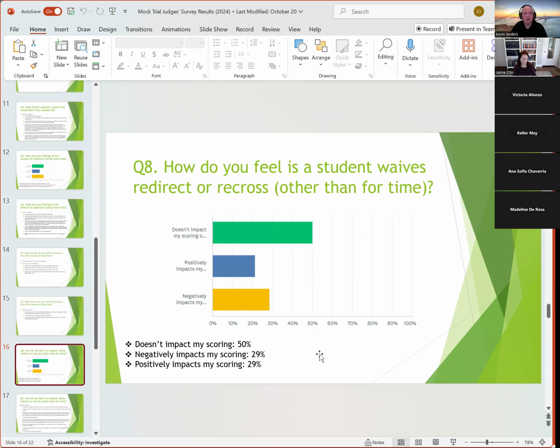So if you are trying to make a point that has not been made before, or get something corrected in redirect or recross, you have to consider whether it is worth the time to actually get it done. If I'm a presiding judge and the point has already been made three times before, it may impact my scoring negatively.